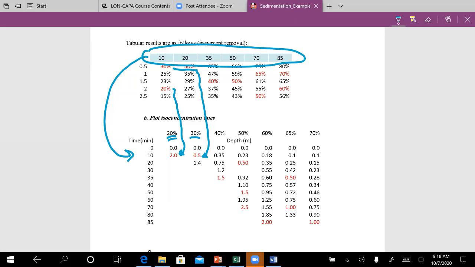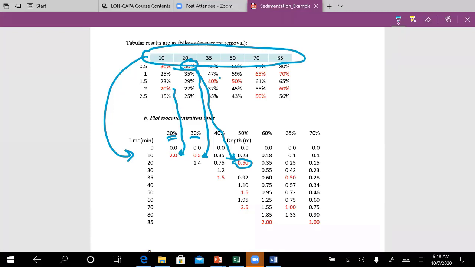If we look at this one, 50%, and I apologize for writing over the line, that corresponds to 20 minutes at 0.5 depth. The red cells are the easy ones to deal with because they correspond to the percent removals that we're looking at for iso-concentration lines.